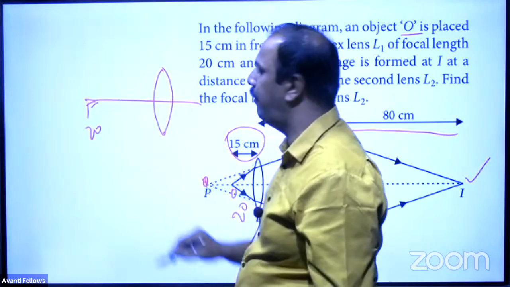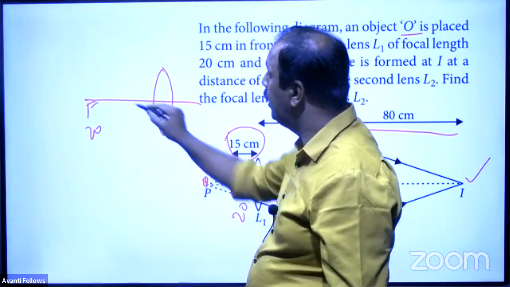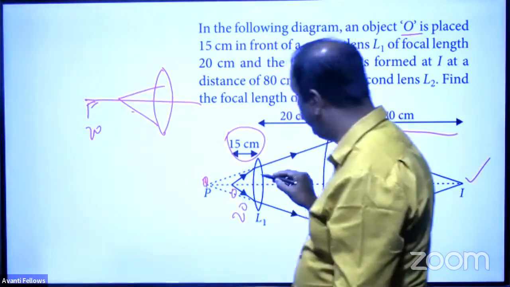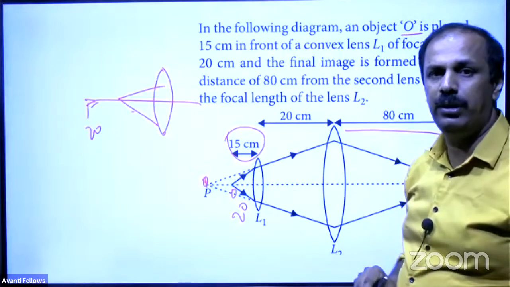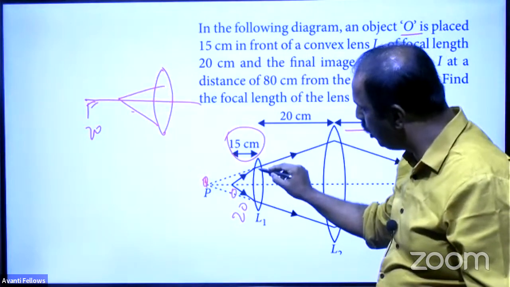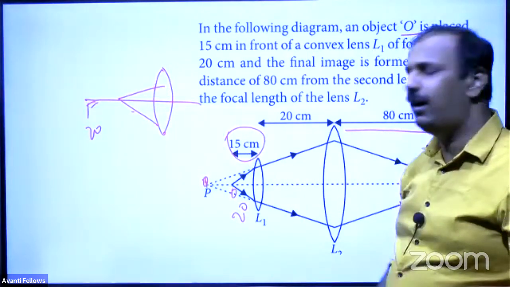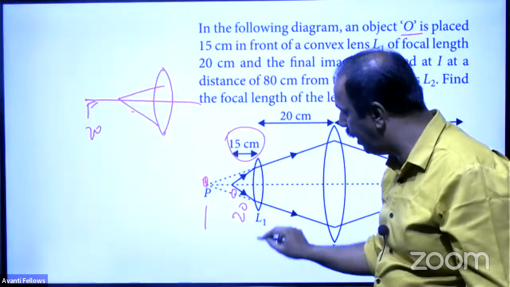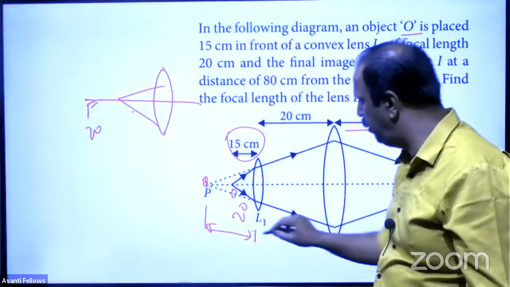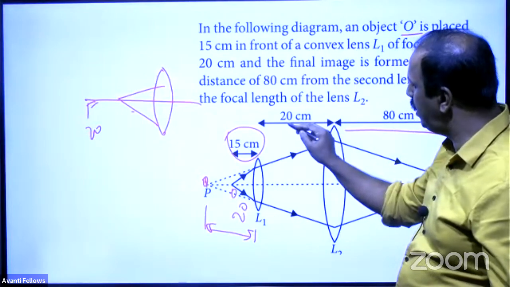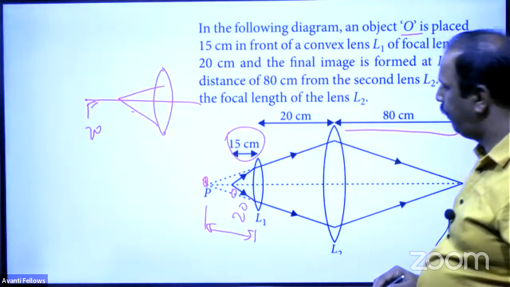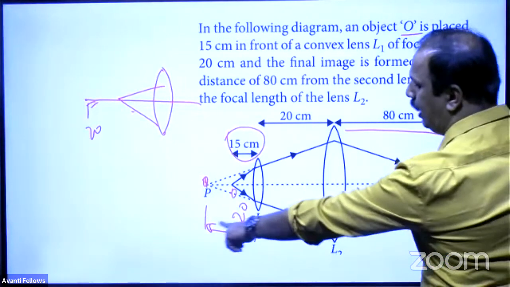The object is kept here. What will happen? It will make a virtual image on this side. So first you have to find out where the virtual image is formed. You just put in the lens formula, and you will get it somewhere here. This you can calculate using the lens formula. Already 20 centimeter is here, and when you calculate this one, you will get that value also. Clear? So you will get this value.